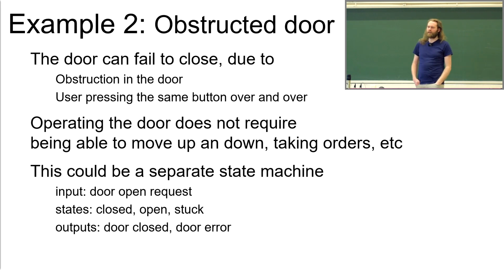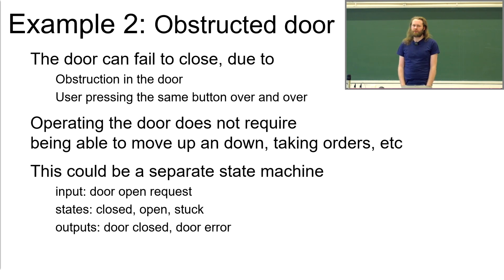Right? So we send, hey door, please open. I want you to open. And it goes, yes, I will open. And then the obstruction is an internal input here, which I didn't note down. So the obstruction switch triggers, and the door goes, oh, I am stuck. And because I am stuck, I will not send you a door closed message.